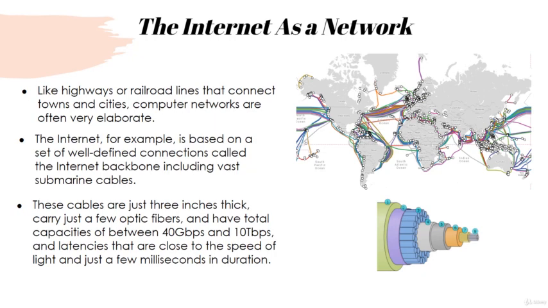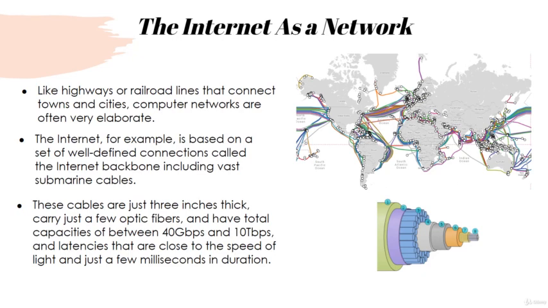And so the internet, for example, is based on a set of well-defined connections called the internet backbone, and it includes a vast set of submarine cables under the oceans. And so if you look at the right-hand side, the image there at the top, you'll see all of the connections, the cables that are connecting the entire world, right? So that everybody in the world can gain access to the internet.